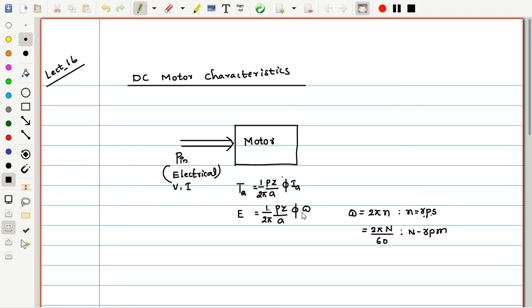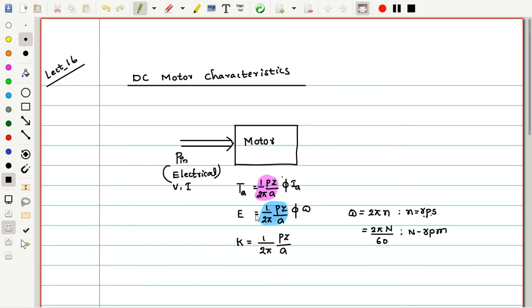When I use omega, try to observe: in the torque expression, the constant, and in the induced EMF expression, the constant, both look the same. So for both of these, we can consider the constant as k, 1 by 2 pi P Z by A. Thereby I can write these expressions simply: Ta is equal to k into phi Ia, E is equal to k into phi omega.